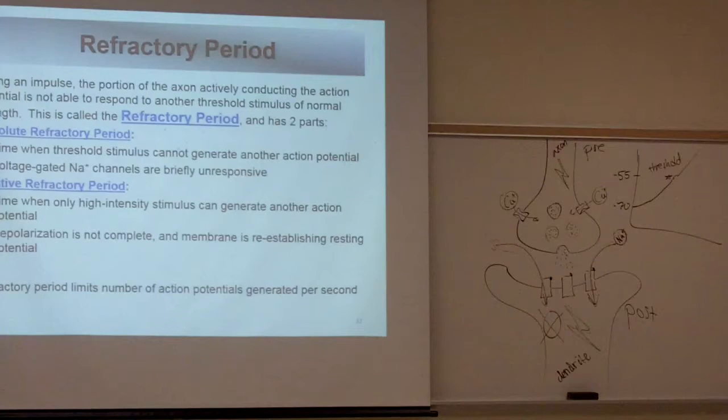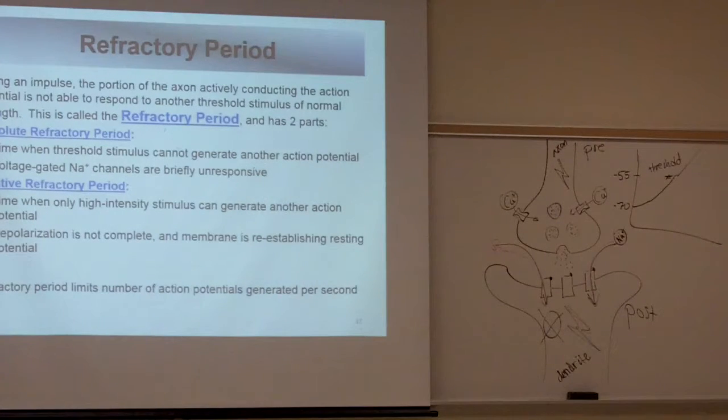Remember in the downswing. So during the depolarization, there's a small period of time where you cannot generate another action potential. You can't get another one until a certain point. That's called the absolute refractory period. That's because sodium channels, for a small amount of time, are completely blocked off and unresponsive. As soon as those sodium channels are activated again, we can regenerate another action potential as long as there's a really high intensity stimulus.